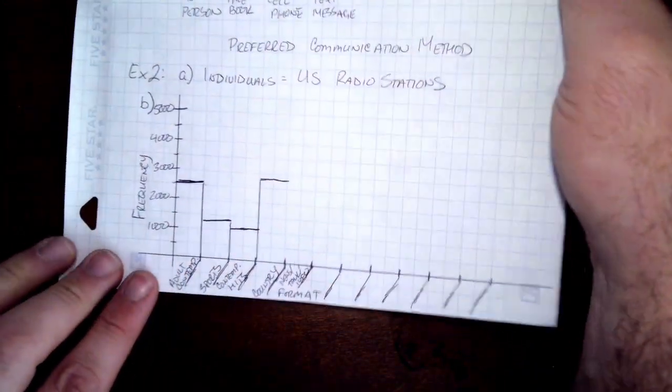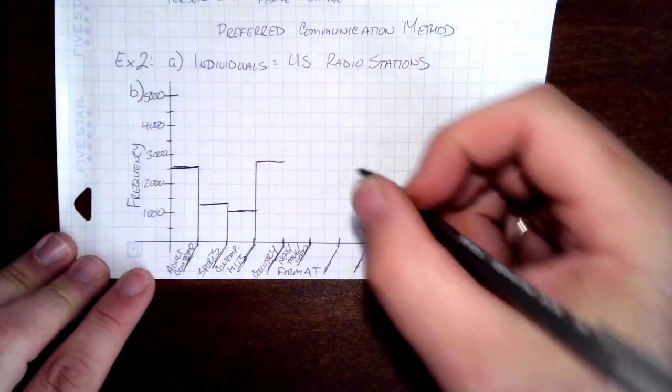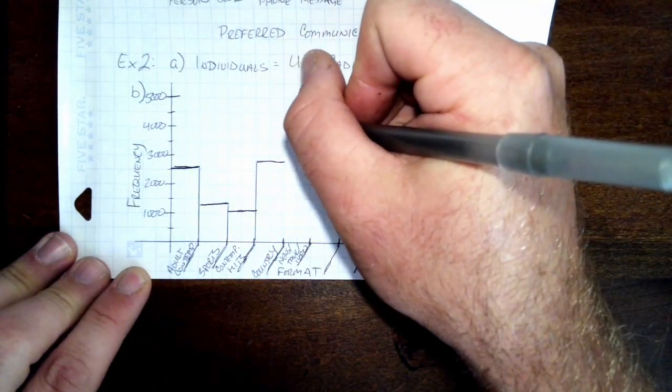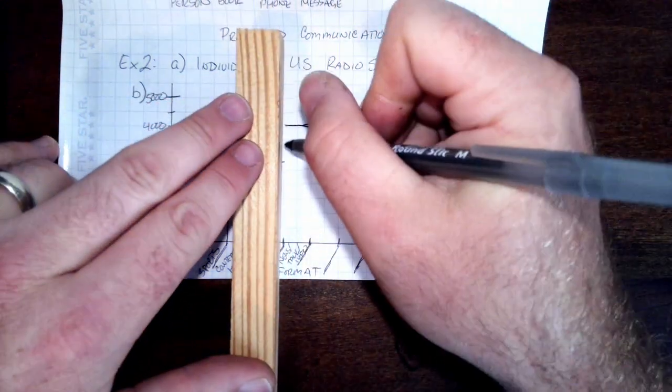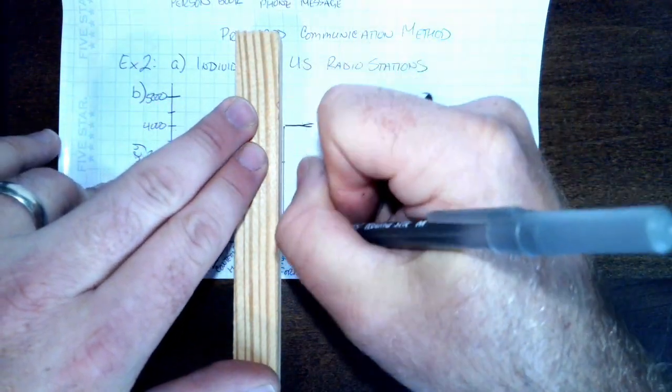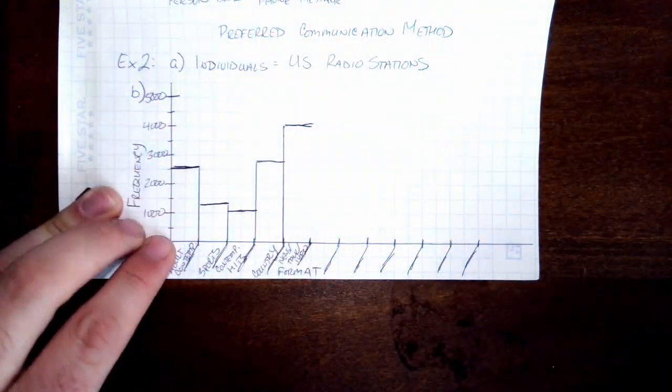There were 4,077, so just above 4,000 news radio stations or talk radio stations or other informational radio stations.